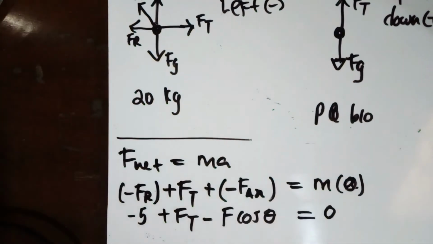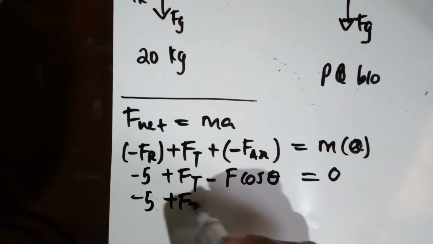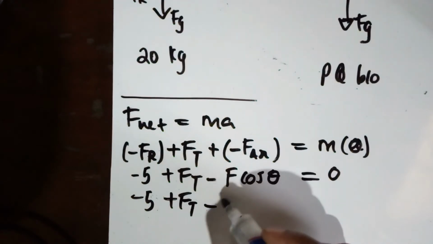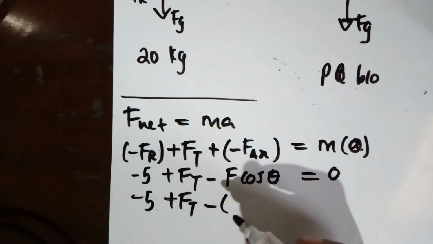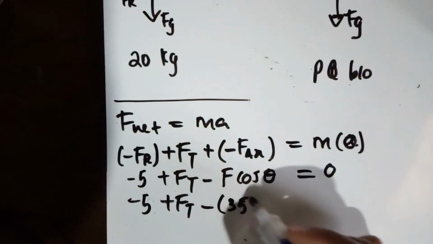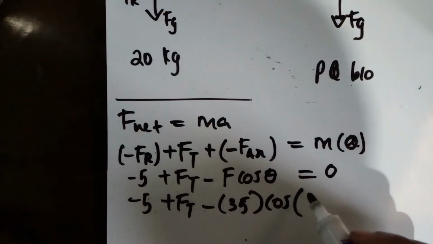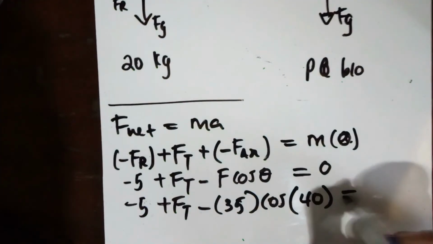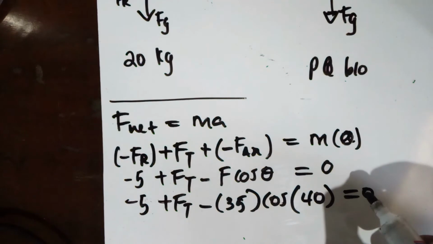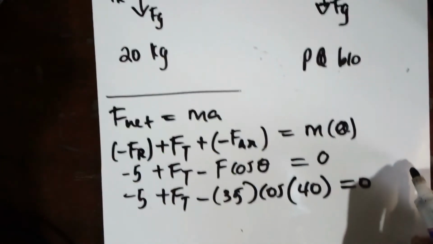So minus 5 plus Ft minus the magnitude of that force, where now I forgot, I think it's 35 cos of, makes an angle of 40 degrees if I'm not mistaken. Let me check quickly. Yes, 35, it makes an angle of 40 degrees.